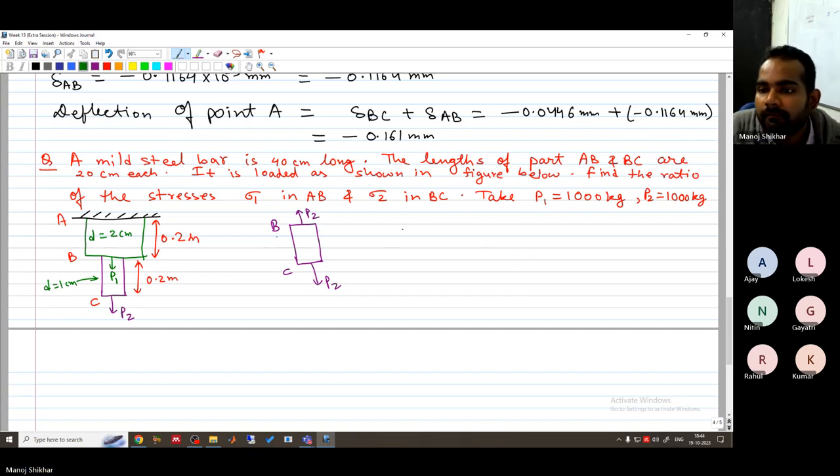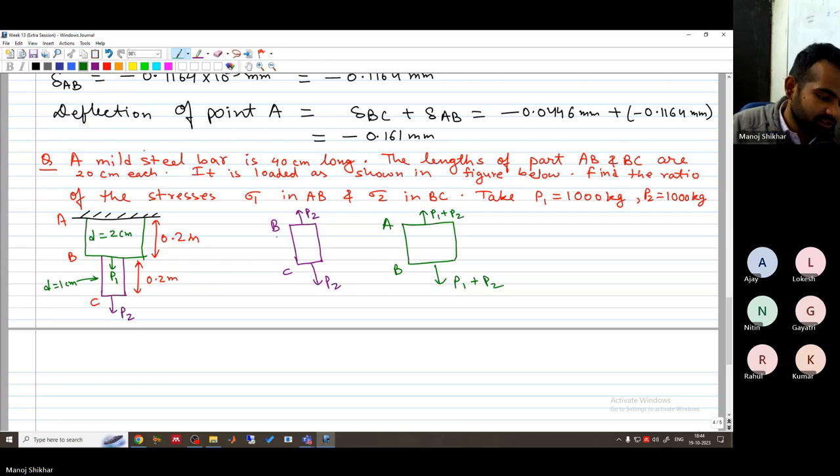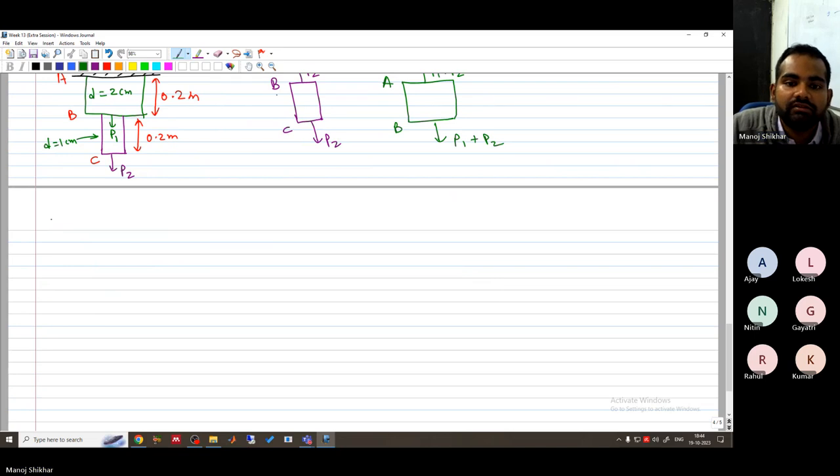For AB, this will be P1 plus P2, and similarly here, this will be P1 plus P2. So we can find the stress.